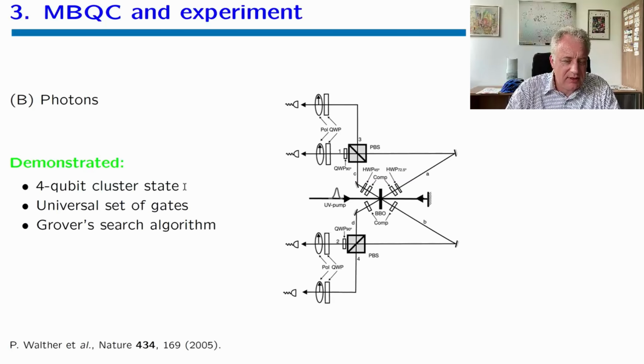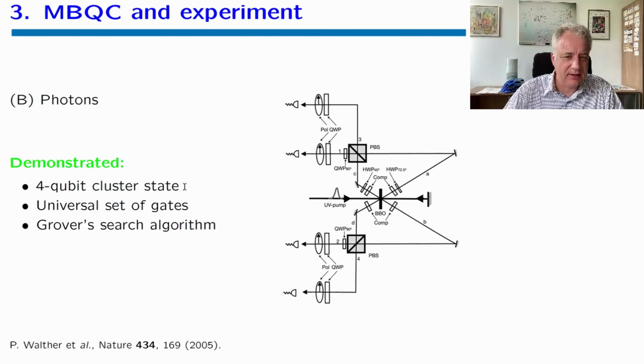And this is now with a different physical basis. This is with photons. And they demonstrated that they could create 4-qubit cluster states and could do a universal set of gates on them, and then even ran a very small algorithm, namely a Grover search algorithm on a database with 4 items.